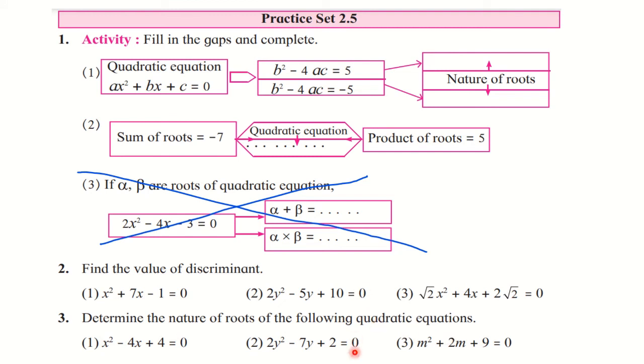Just one more step extra here. Find delta, the discriminant, and check whether it is positive, negative or 0. If it is 0, the roots are real and equal. If it is positive, the roots are real and unequal. If it is negative, no real roots. So accordingly, you can write it down.